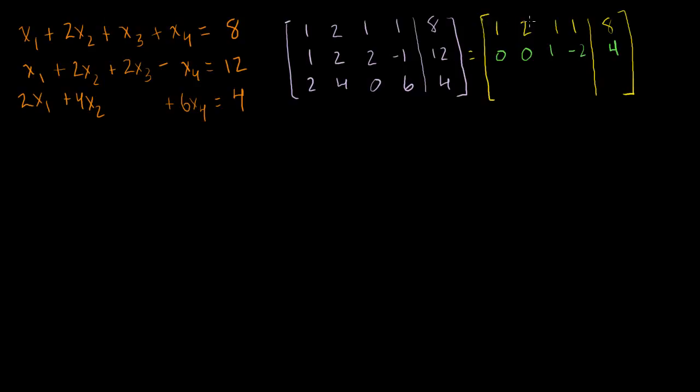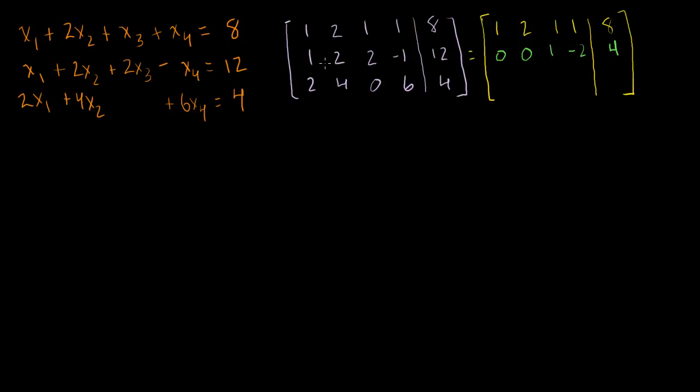It looks like x2, which is represented by column 2, might be a free variable, but we're not 100% sure yet. Let's do all of our rows. To get rid of this one right here, let's replace our third equation with our third equation minus 2 times our first equation.